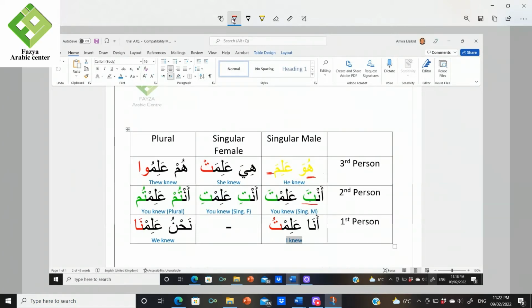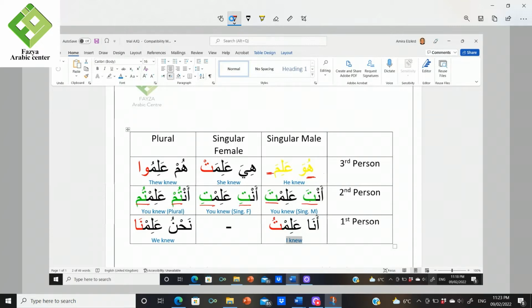What's happening here is that the ending of the pronouns in the second person is the same as the ending at the end of the verb, conjugated in the past. So, أنت علمت, ta and ta. أنتِ علمتِ, ti and ti. أنتم علمتم, tum and tum.